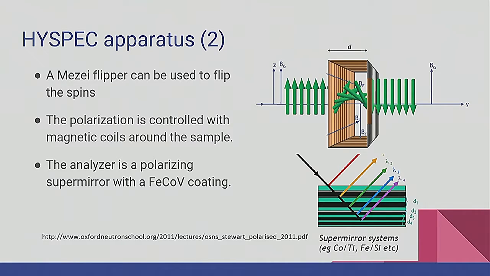And the polarization of the incoming neutron beam is controlled with magnetic coils around the sample. And finally, the analyzer is a supermirror, which can only reflect spin up neutrons.